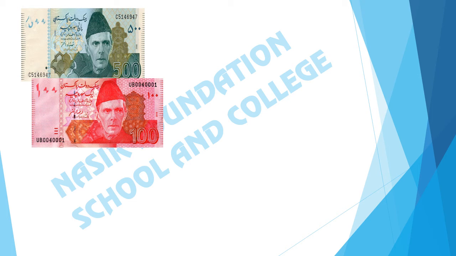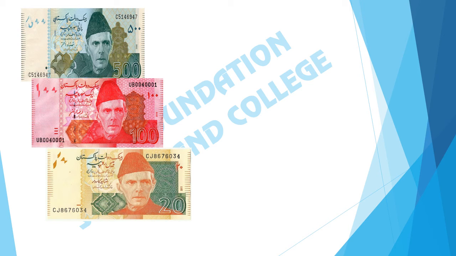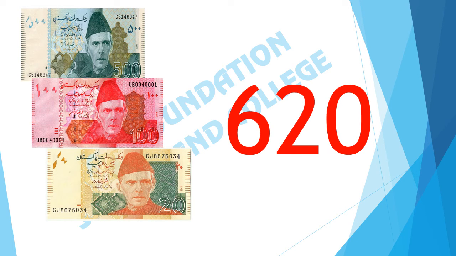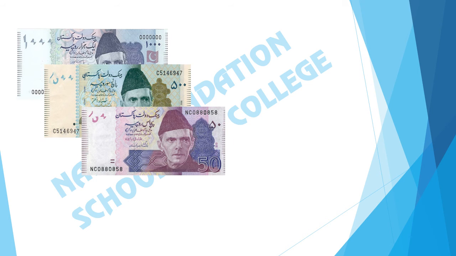In 500, if we add 100 more, we get 600. In 600, if we add 20, we get 620. So these notes show 620.